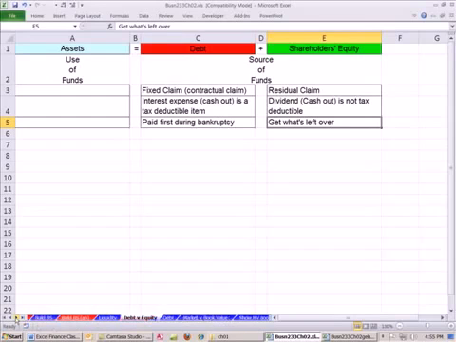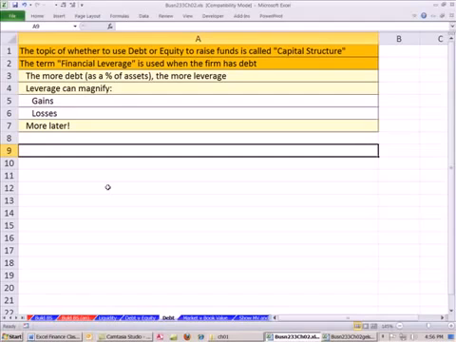All right, let's go to this next sheet here. I just want to point out the topic of whether to use debt or equity to raise funds is called capital structure. The term financial leverage is used when the firm has debt. So leverage just means like a big leverage thing. If you're using debt wisely, you have that tax deductible advantage, and we'll see an example of that later.